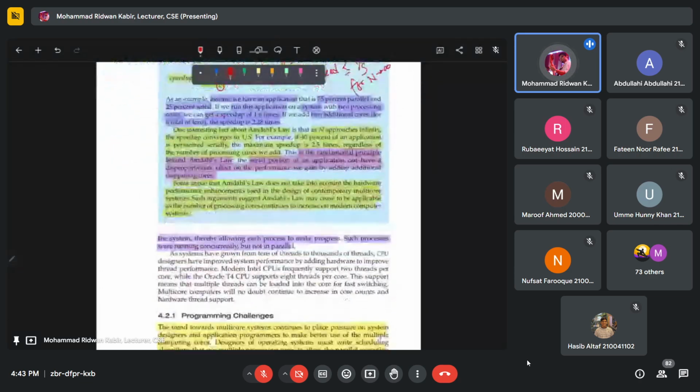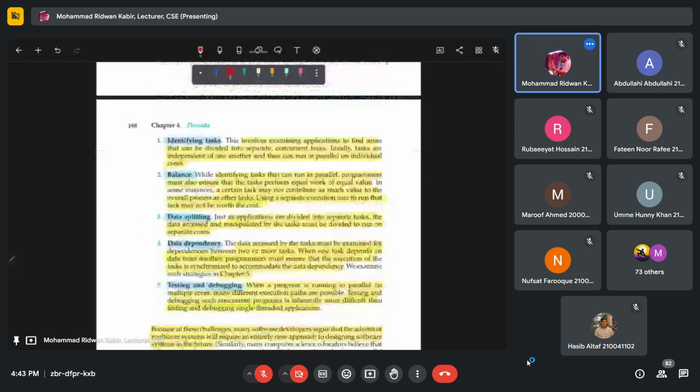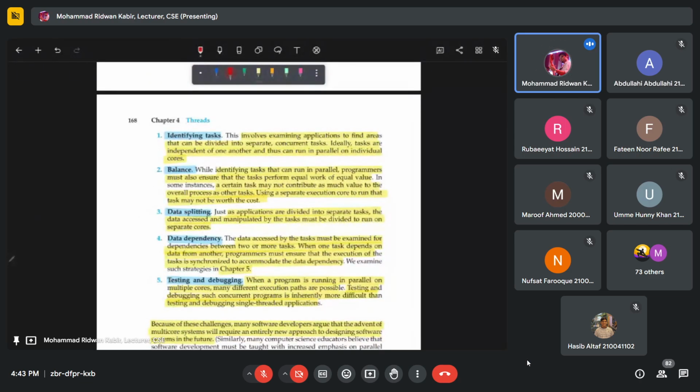Based on that, you will be defining threads or introducing threads to your program execution. That's why identifying tasks involves examining applications to find areas that can be divided into separate concurrent tasks. Ideally, tasks are independent of one another and thus can run in parallel on individual cores, but it's not always the case, as we have seen in this example.